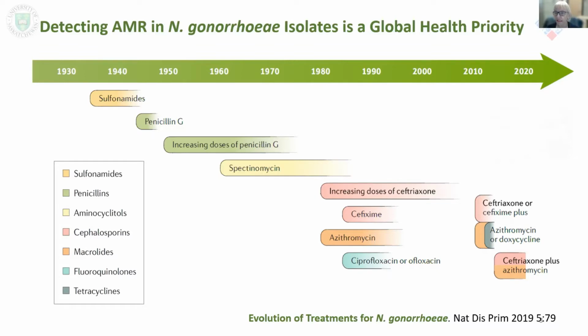But interestingly, in some jurisdictions of the world, including Canada, providing that the ciprofloxacin antimicrobial resistance status is known, then ciprofloxacin could be used, providing there isn't a high level of resistance.